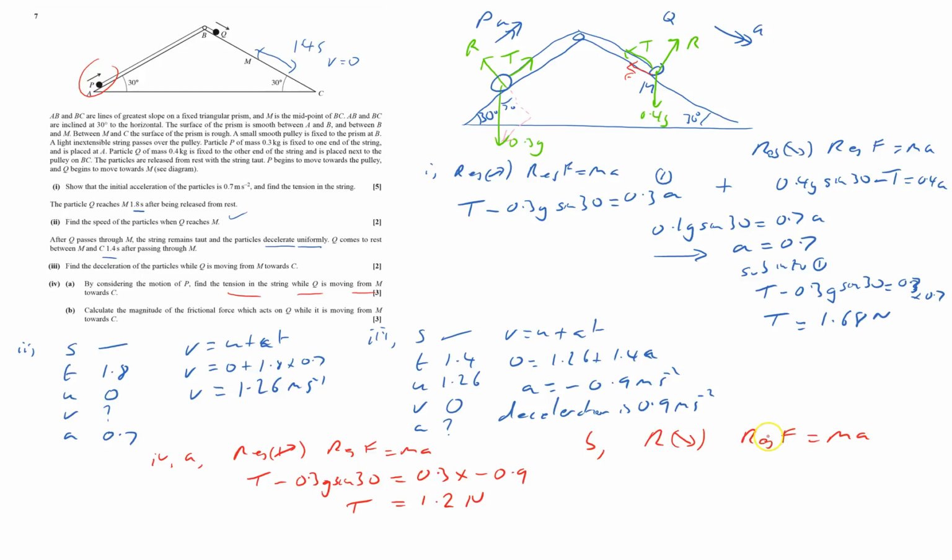I've got this component of the weight, so I've got 0.4 g sine 30 minus the tension I just worked out, 1.2, and I've got friction also going up the slope, so minus F equals my mass, which is 0.4, times negative 0.9, because that's the acceleration. And if I work that one out, that comes to F equals 1.12 newtons.